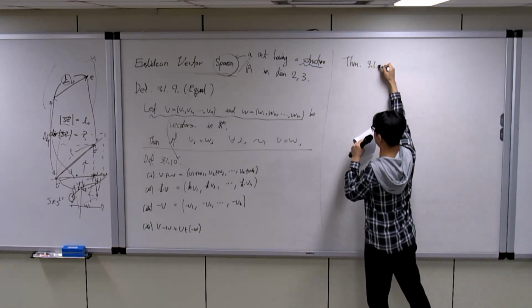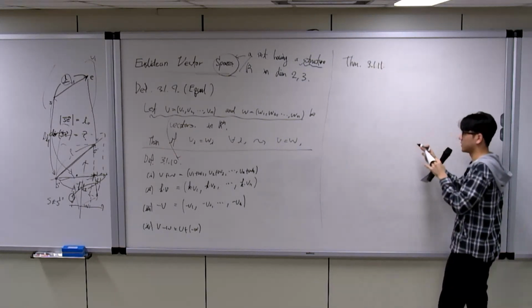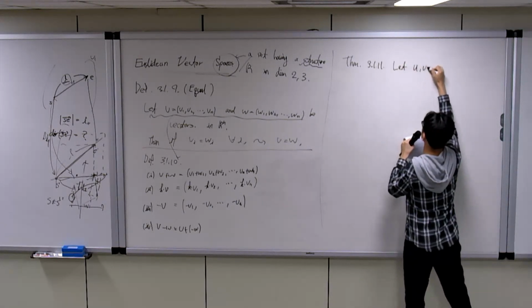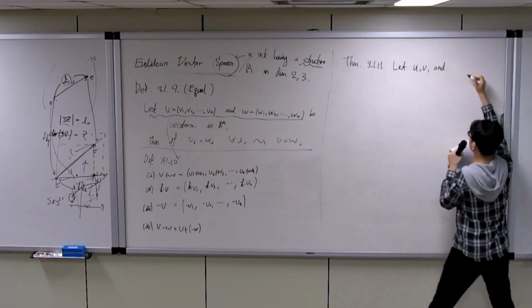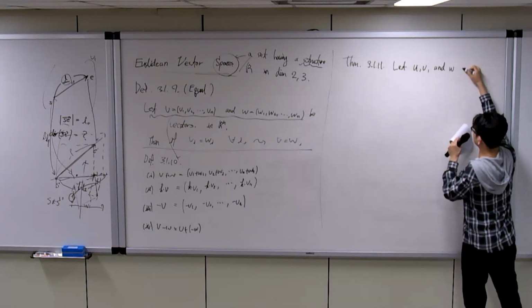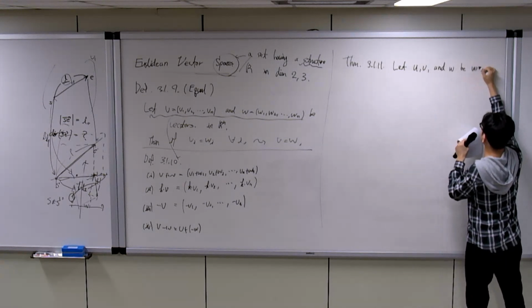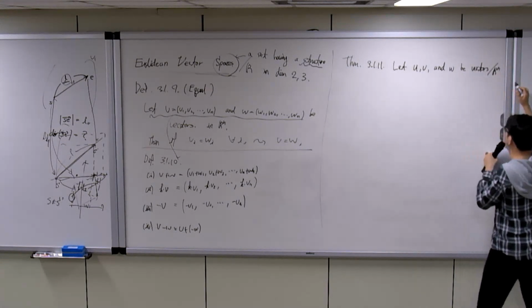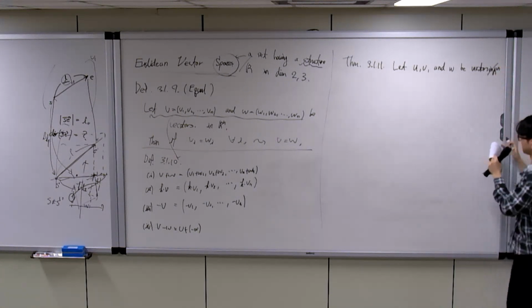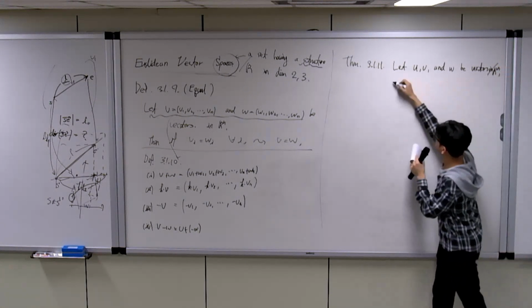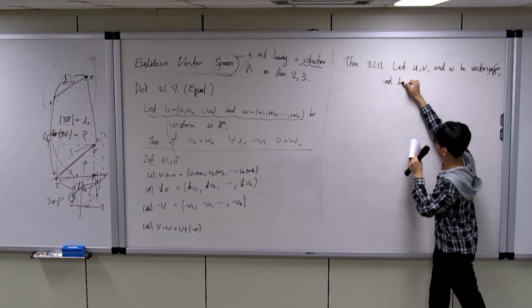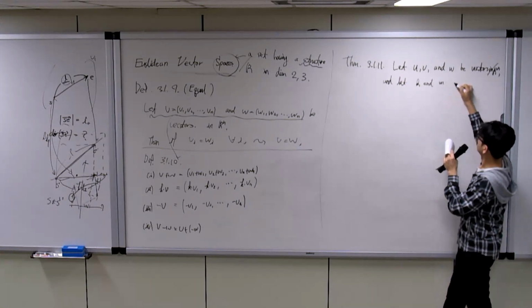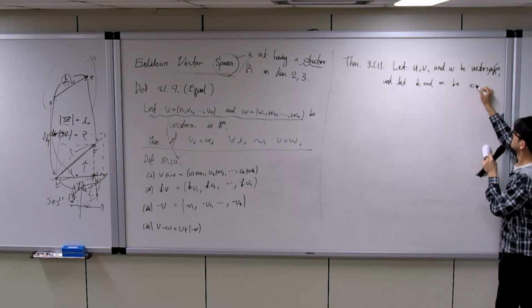In R to the n, let u, v, and w be vectors in R to the n, and let k and m be scalars.